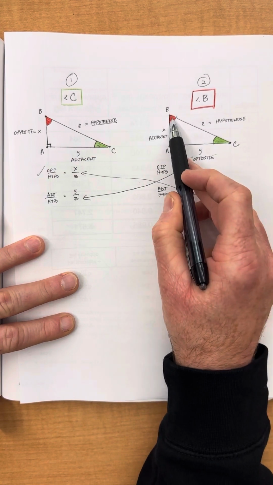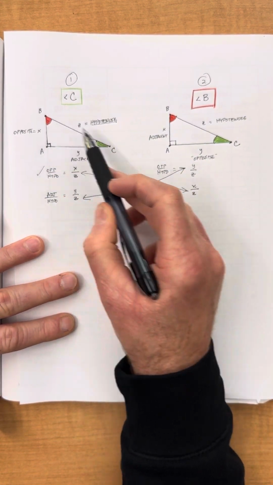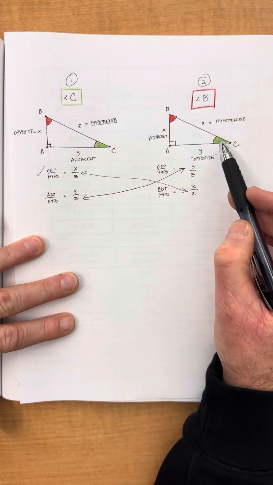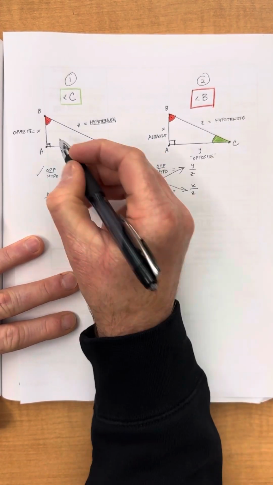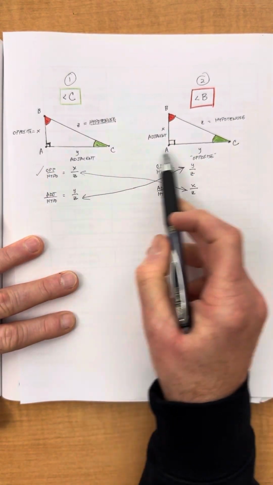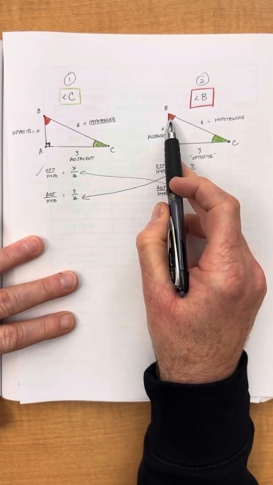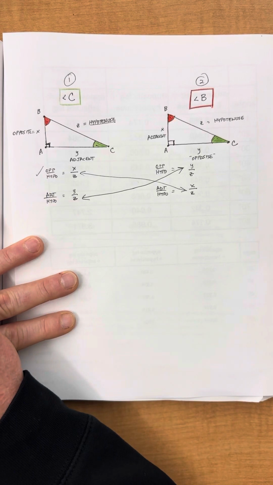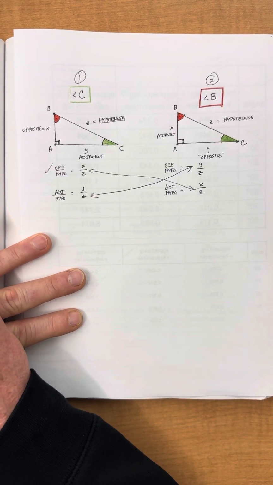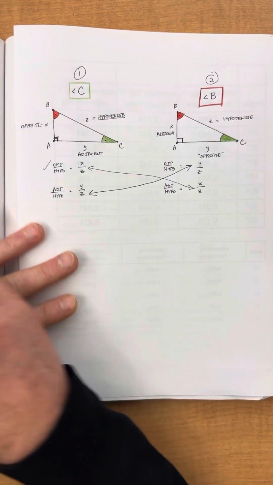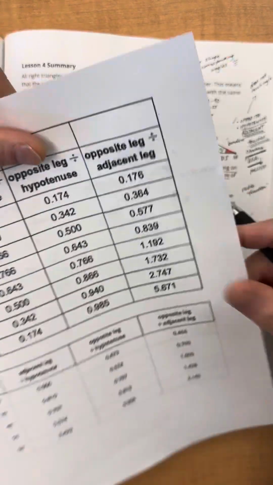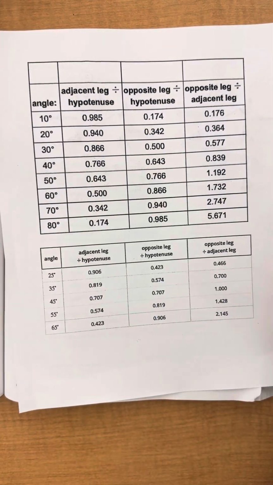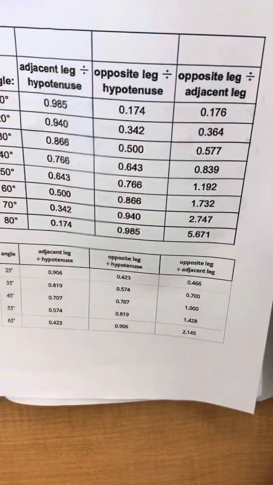The acute angles, the ones that are less than 90, in a right triangle will always add to 90. Anyway, that's a visual for you. Hopefully that didn't confuse you, and we're gonna get so much practice with all this.